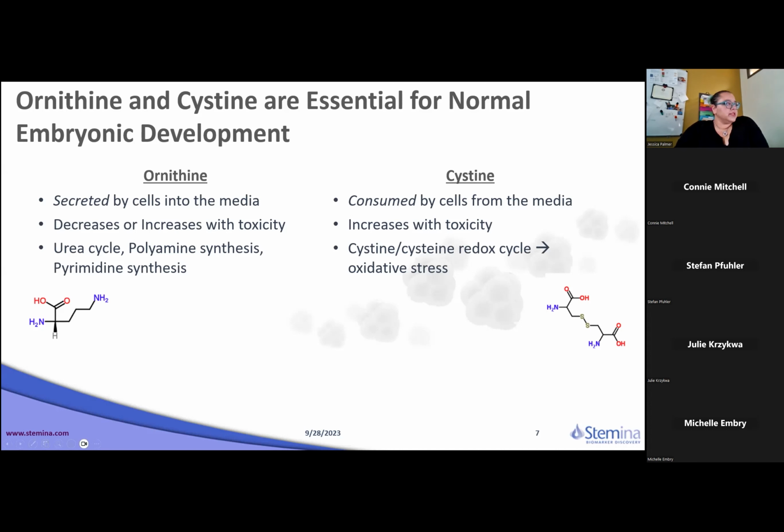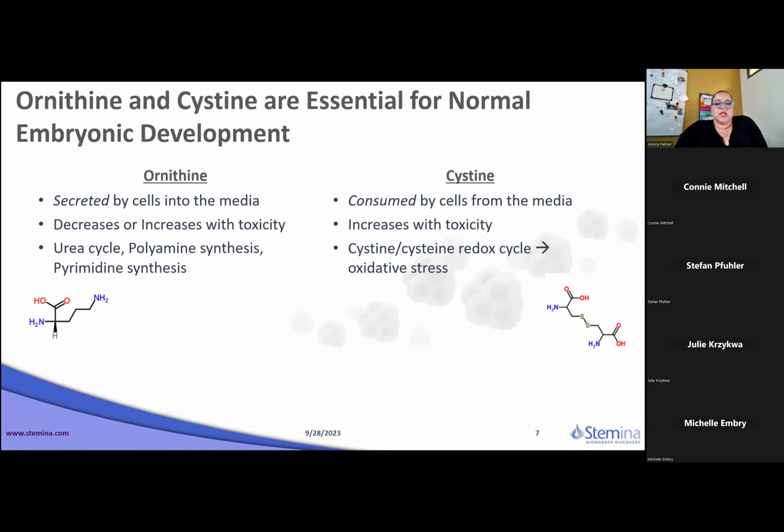Cystine, on the other hand, is a media component. When the cells are happy and healthy, they're consuming the majority of the cystine in the media. But when you treat them with something toxic, you're going to see an increase in the cystine. What that means is that the cells go from using all the cystine from the media to not using it.